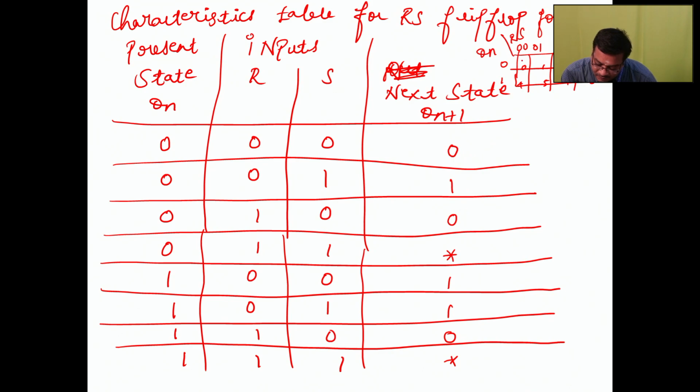The entries are 0, 1, 0, 1, don't care, 0, 1, 1, don't care, 0. Is it correct? Okay. So we can form a quad here and we can form a pair here. So Qn plus 1 equals, what is the answer we will get? S plus Qn into R bar. Qn into R bar is the final answer for Qn plus 1. S plus Qn into R bar.